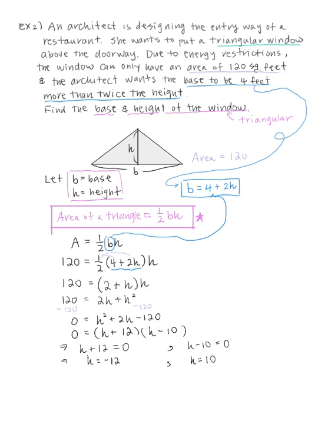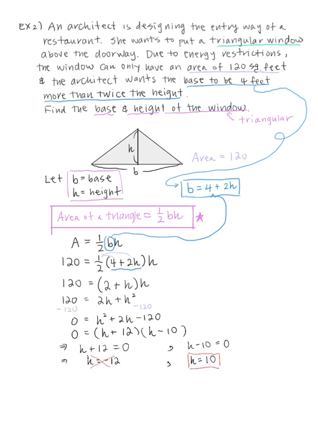What does H stand for? So H stands for the height of the triangle, right? So look at it. Which one does not make any sense? Yeah, height cannot be negative, so we need to throw this one away. Bye-bye. So this does not make sense. So what we're going to do is keep our height to be 10 feet.